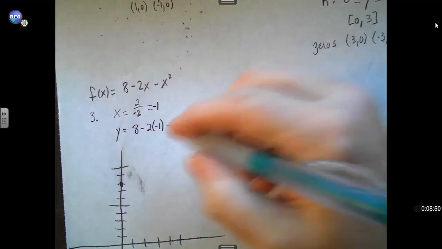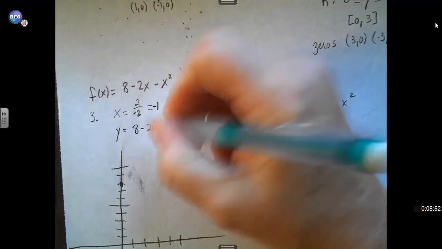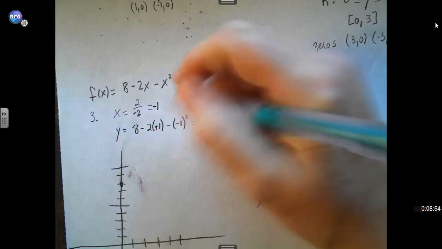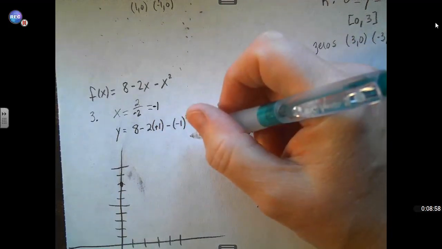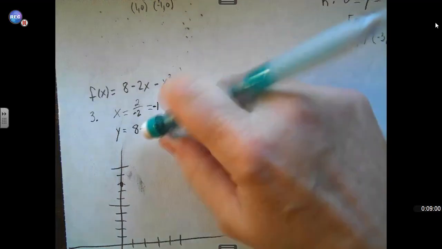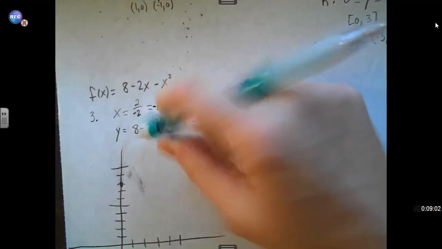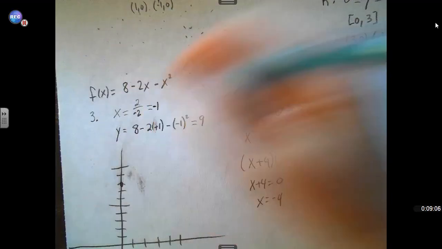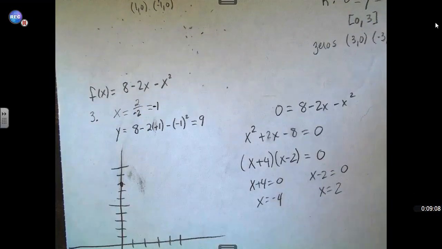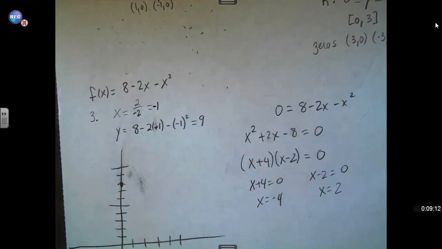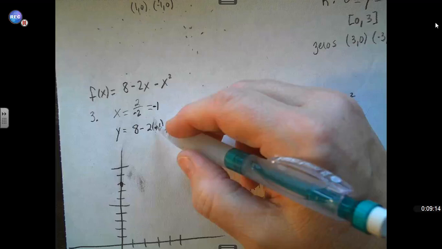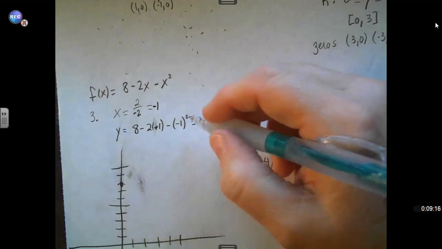And then when I plug in -1, I'm going to get 8 minus 2 is 6. Well, I did plug in -1. But up here I wrote 1. What did I do that for? That was silly. So 8 minus 2, 6.